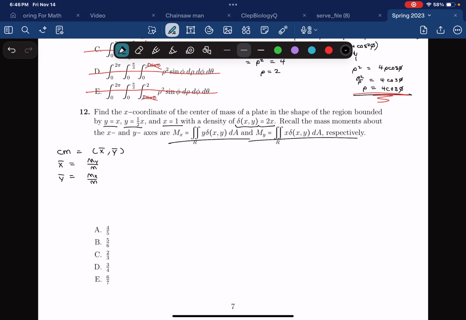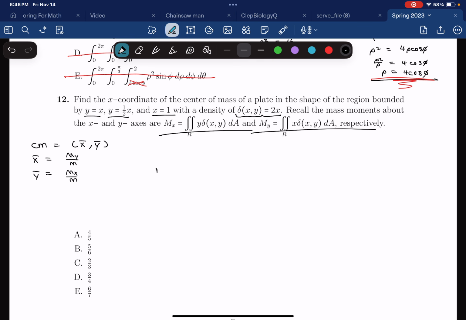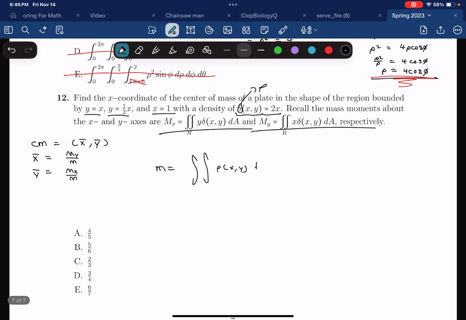So how do we find mass? Well, mass is equal to the double integral of this thing. It looks like this, but they always draw it as the same as the rho symbol, so I do the same thing. And that'll be from, well, dx dy, or switch around. Who really cares?